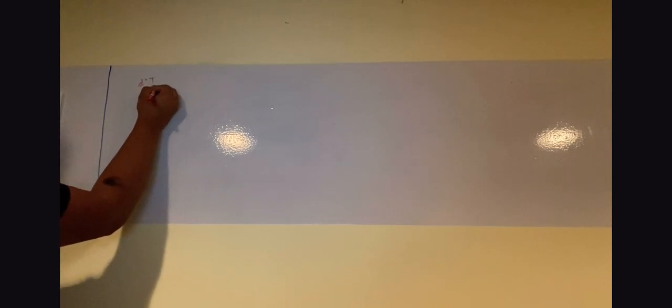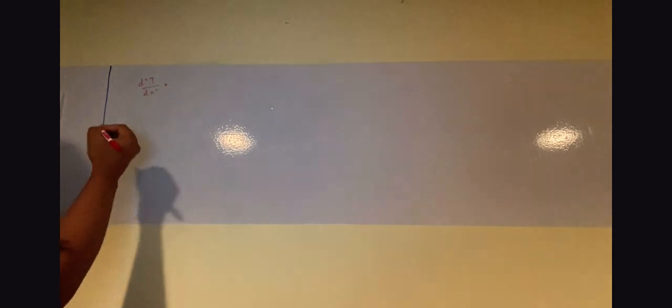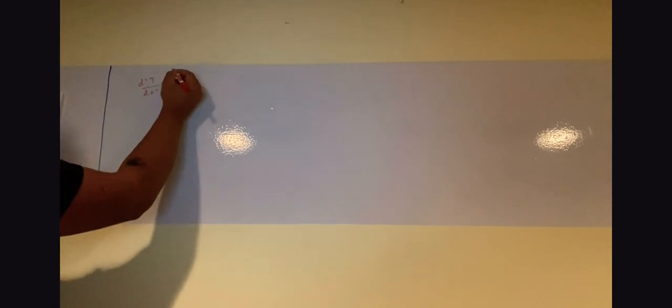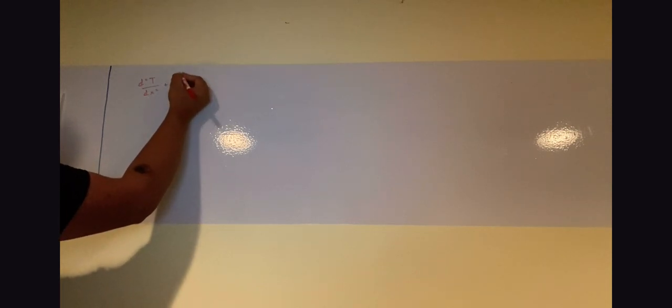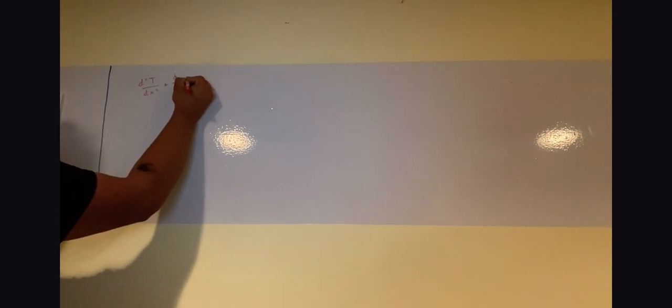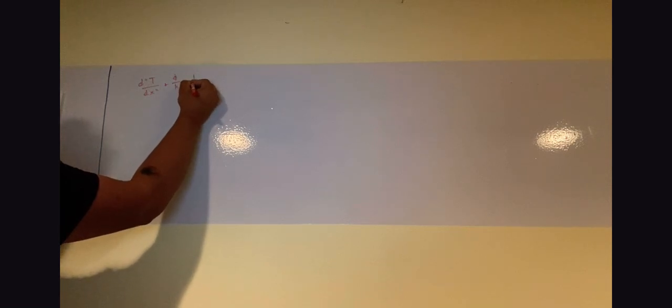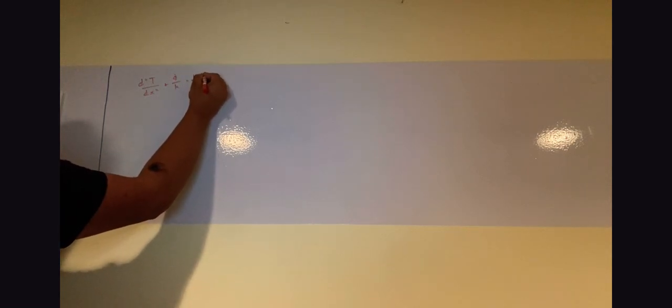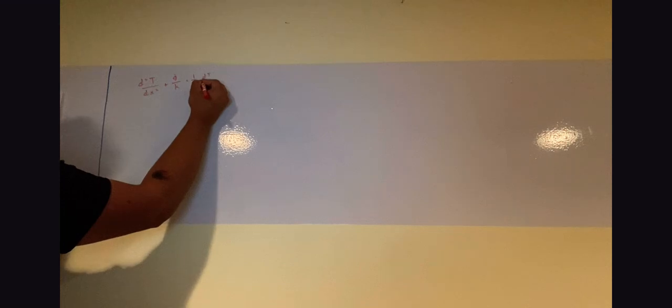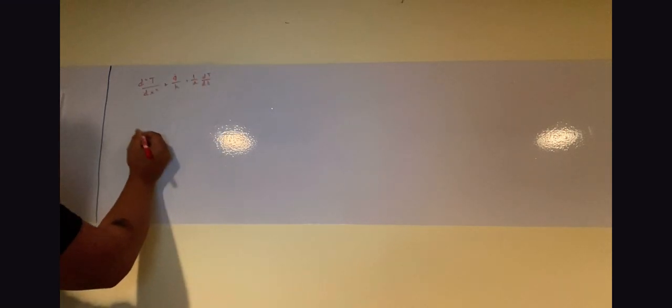So we're going to start off with d squared T over dx squared plus q over k, this is going to be q dot, is equal to 1 over alpha times dT over dt.